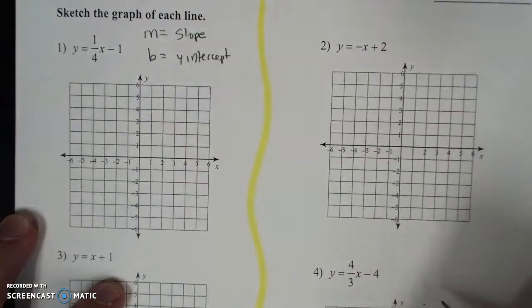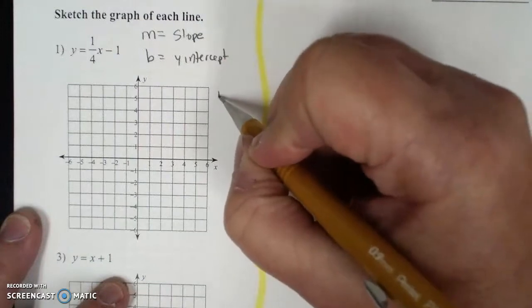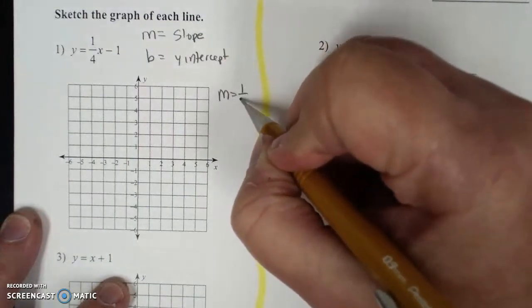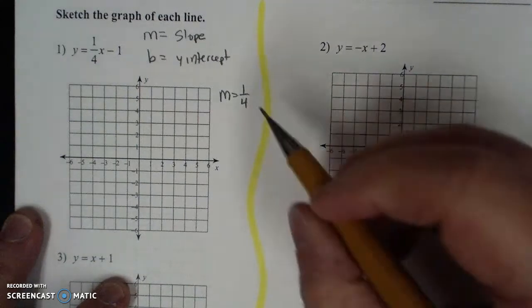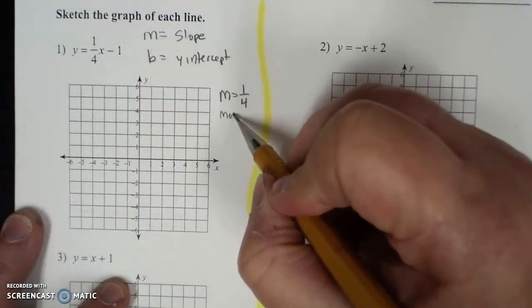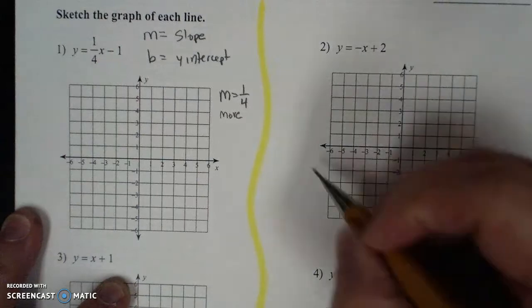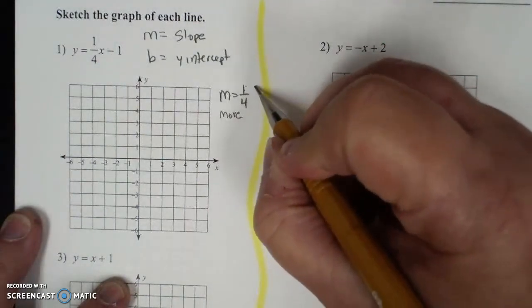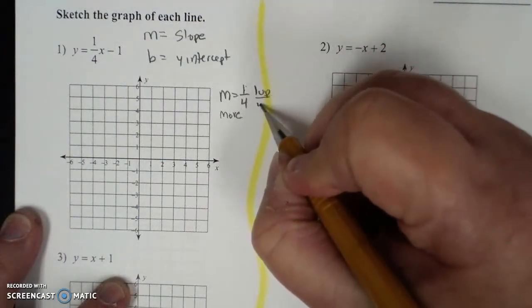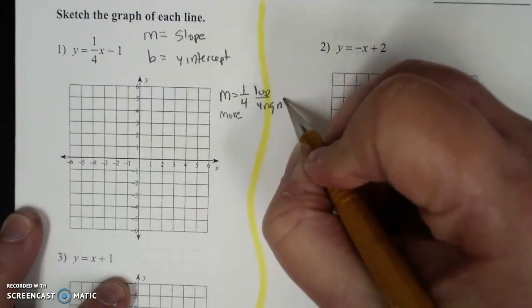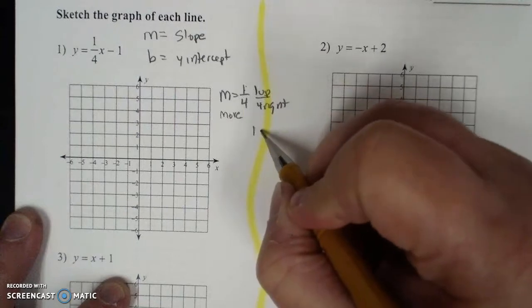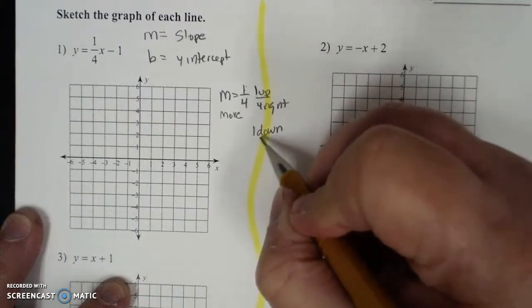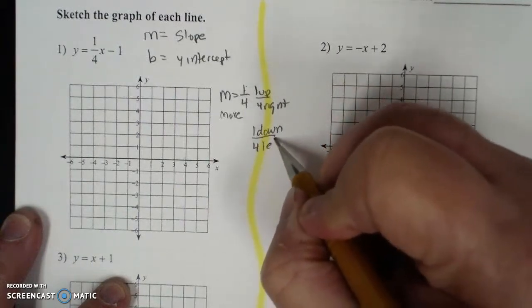And this is where they become important, because if I have an M of 1 over 4, that's how I move. In words this is 1 up, 4 right, because remember it's rise over run. This also can be written as 1 down, 4 left.